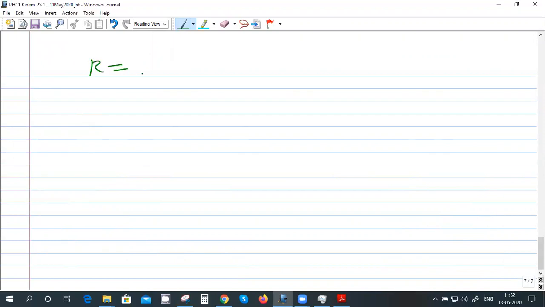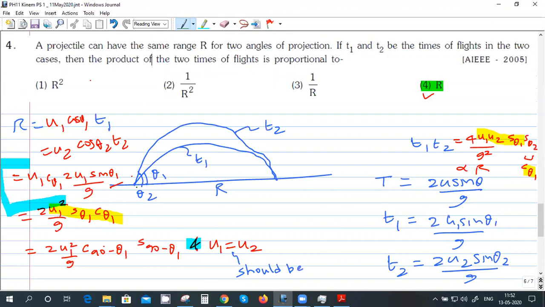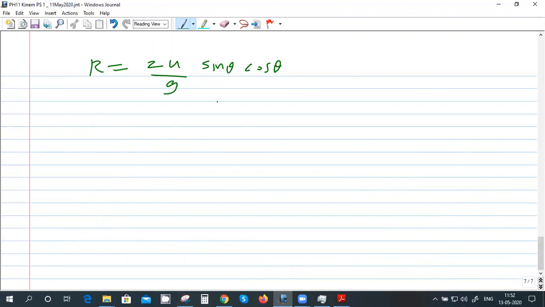Range is 2 u square sin theta cos theta divided by g. This is the formula for range, right?